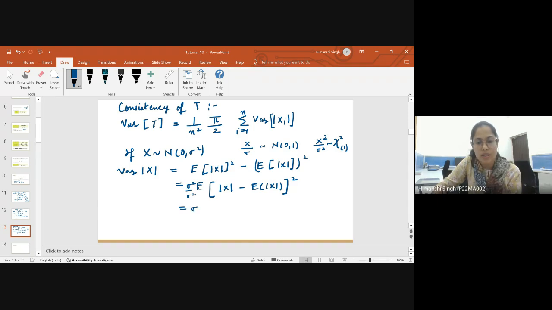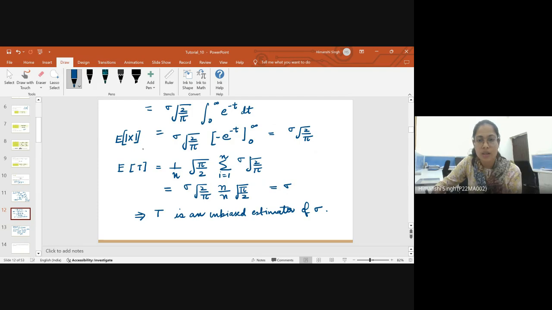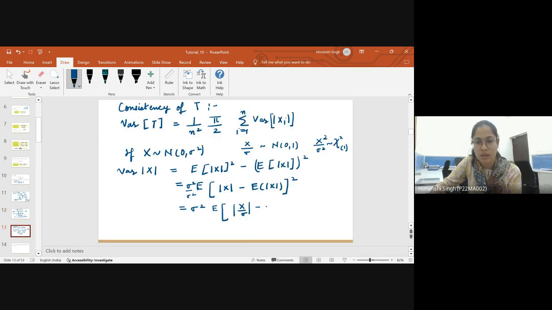So this will be sigma square into the expected value of mod of x by sigma, minus the expected value of mod x, which I already know is sigma into under root 2 upon pi.